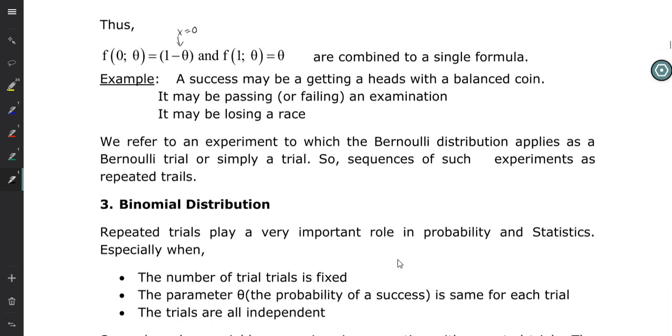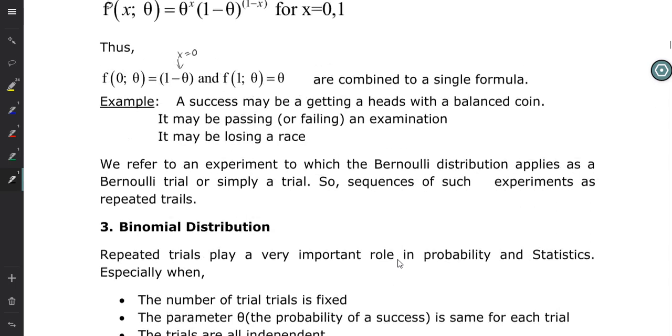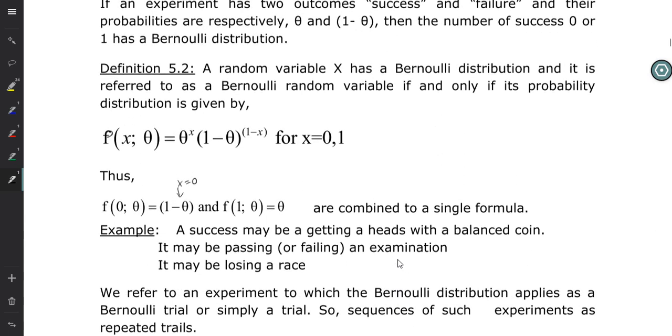An extension to the Bernoulli distribution is the binomial distribution. In the Bernoulli distribution, you have only one trial. That means you toss a coin only once, so you end up with either a tail or a head.